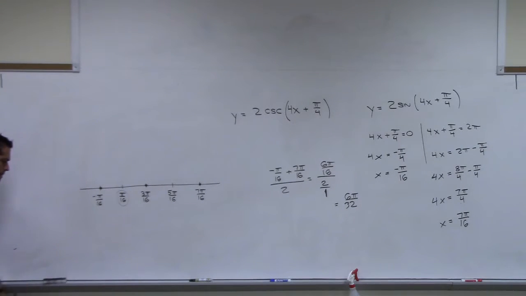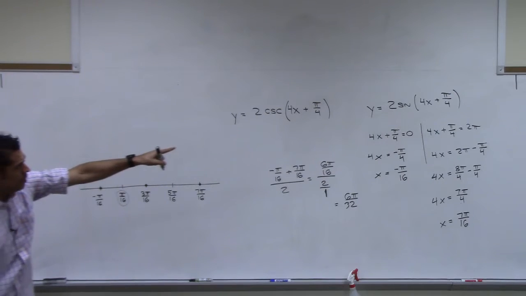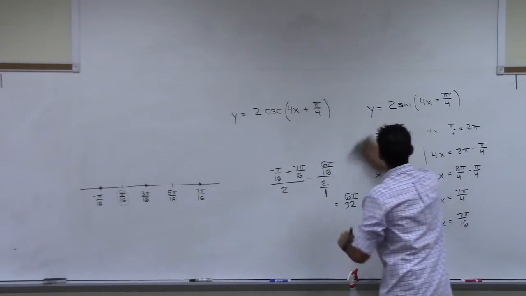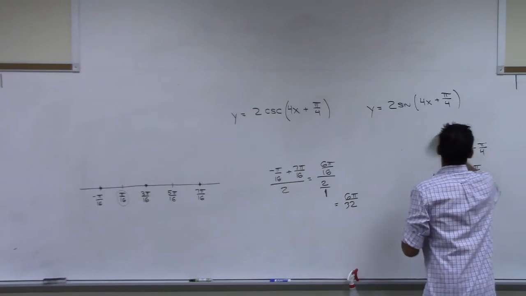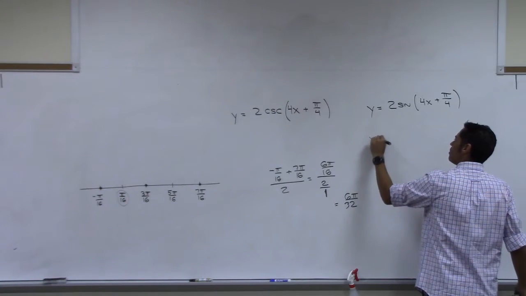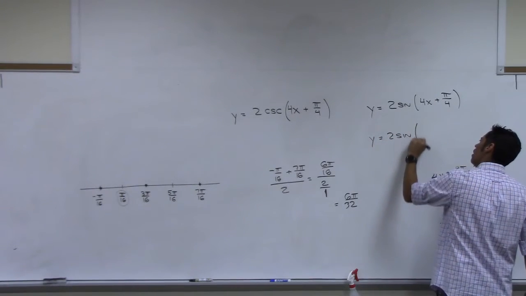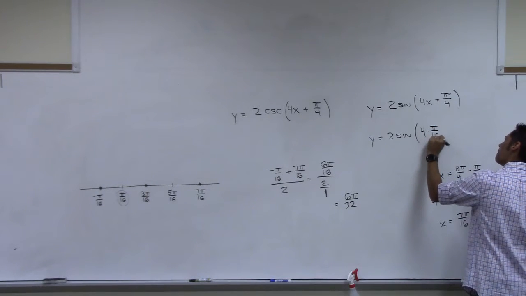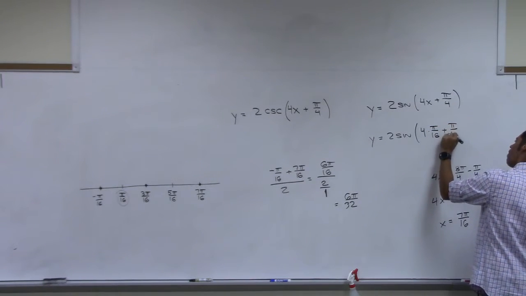Where am I plugging that in? That one right here for x into this, right? So let's go ahead and do that. So we plug that in. We get y is equal to 2 sine of 4 times, I'm plugging in pi over 16, plus pi over 4.